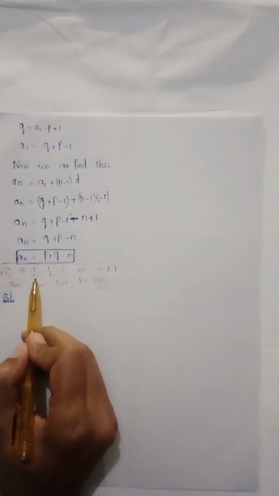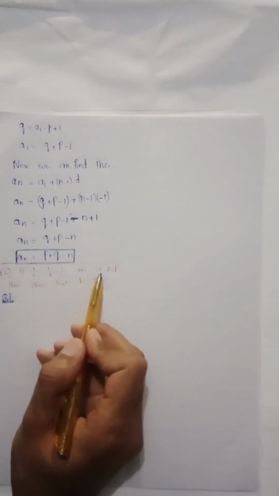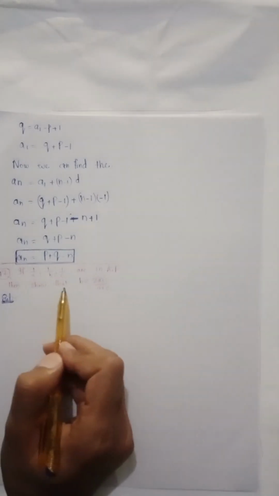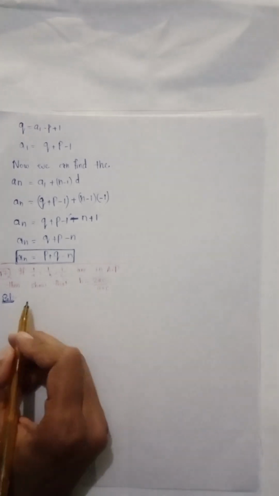If 1 over a, 1 over b, 1 over c are in arithmetic progression, then show that b equals 2ac over a plus c.